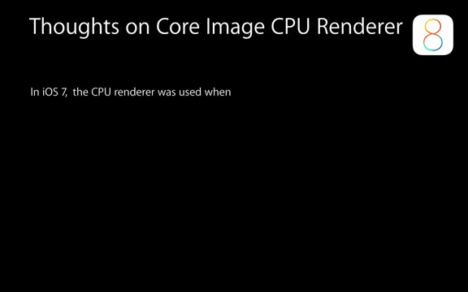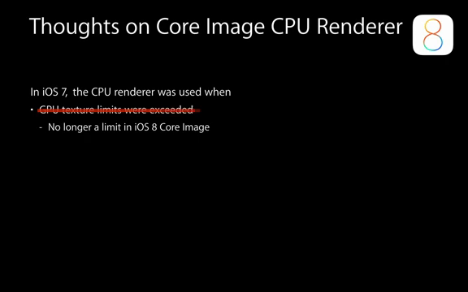So this brings me to some final thoughts on Core Image's CPU rendering. Basically, there were 3 key reasons why an app would need to use the CPU renderer on iOS 7. For example, the CPU renderer was used when the GPU texture limits were exceeded. Well, starting on iOS 8, that's no longer a limit in Core Image, so that's not a reason anymore.